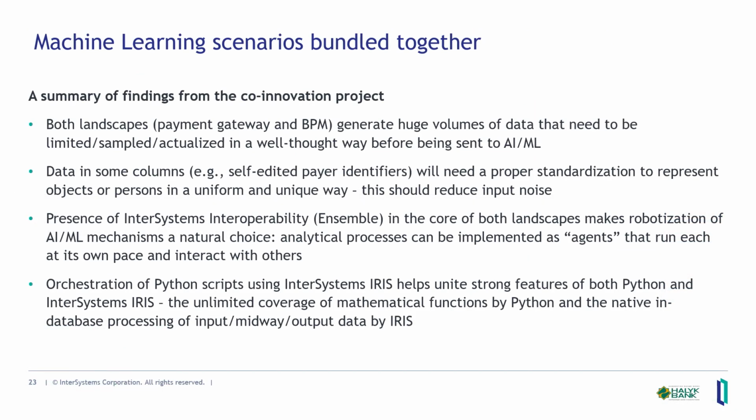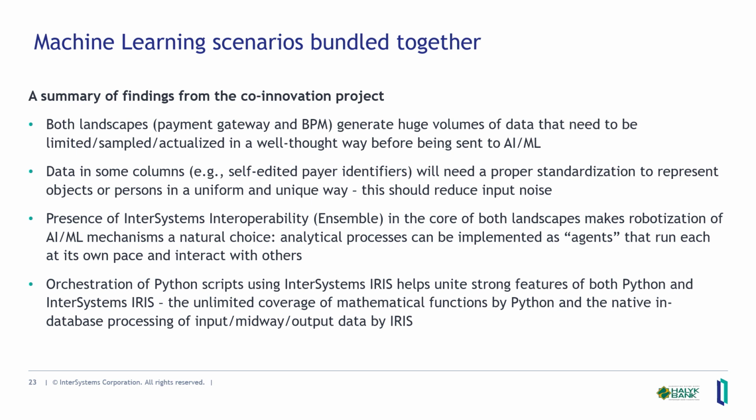A summary of findings from these co-innovation projects. These projects are all about testing ideas. It's all about innovation, co-innovation. Both systems generate a lot of data, huge volumes of data that need to be limited, sampled, and actualized well before being sent to AI ML.